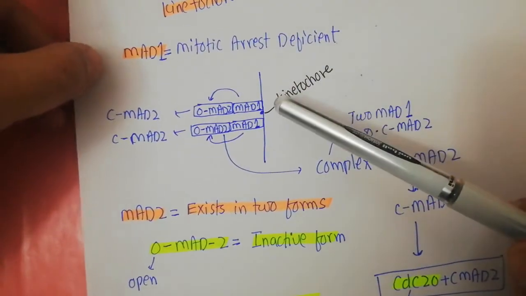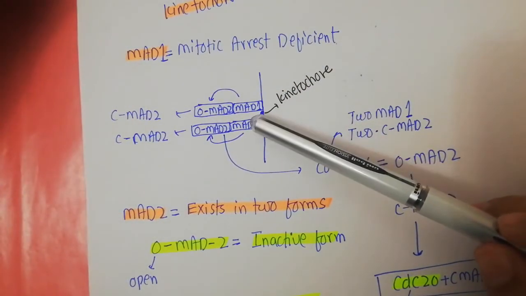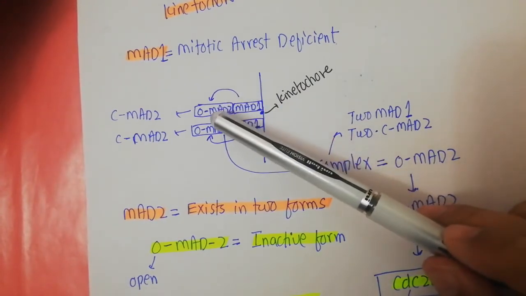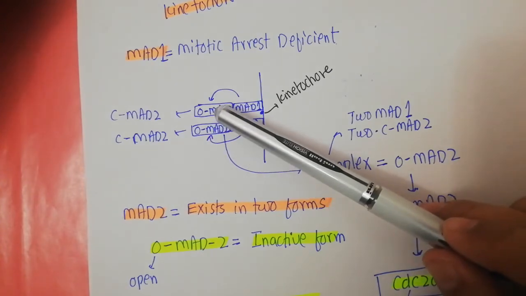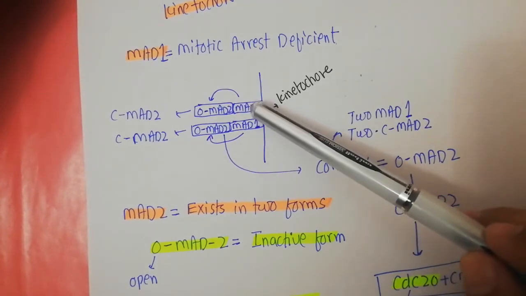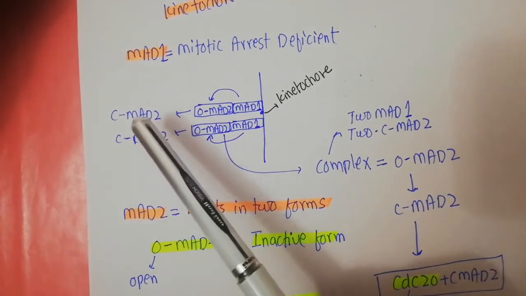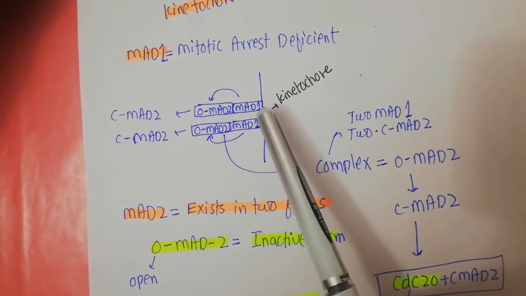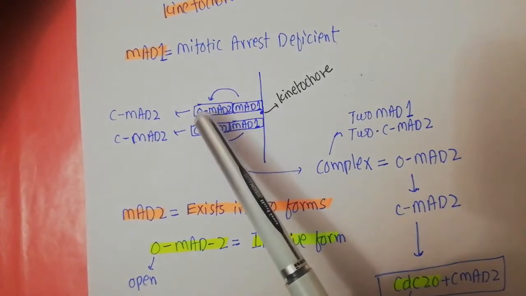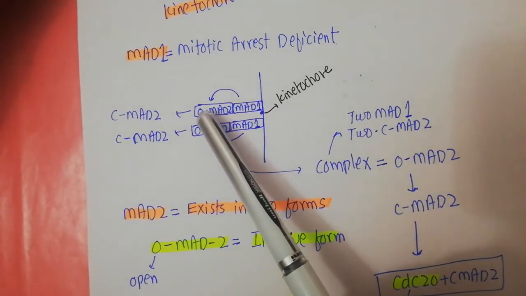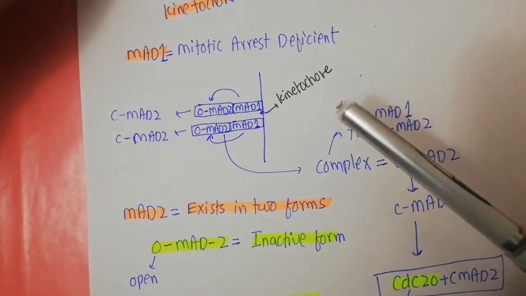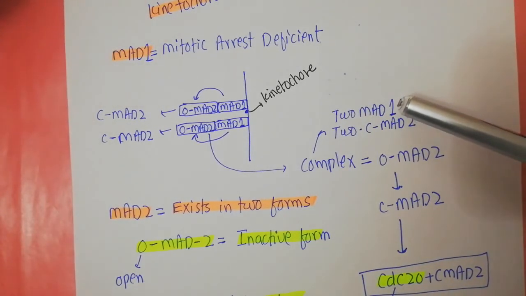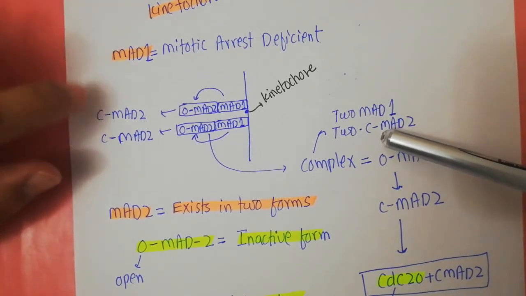Now, when the MAD1 attaches to the unattached kinetochore, it recruits the inactive O-MAD2 form of this particular protein. When the O-MAD2 interacts with the MAD1, this O-MAD2 is converted into the C-MAD2. That means the interaction of the MAD1 is actually activating the MAD2 protein by converting it from the O into the C form. Now a complex is made that contains 2 MAD1 proteins and 2 C-MAD2 proteins.